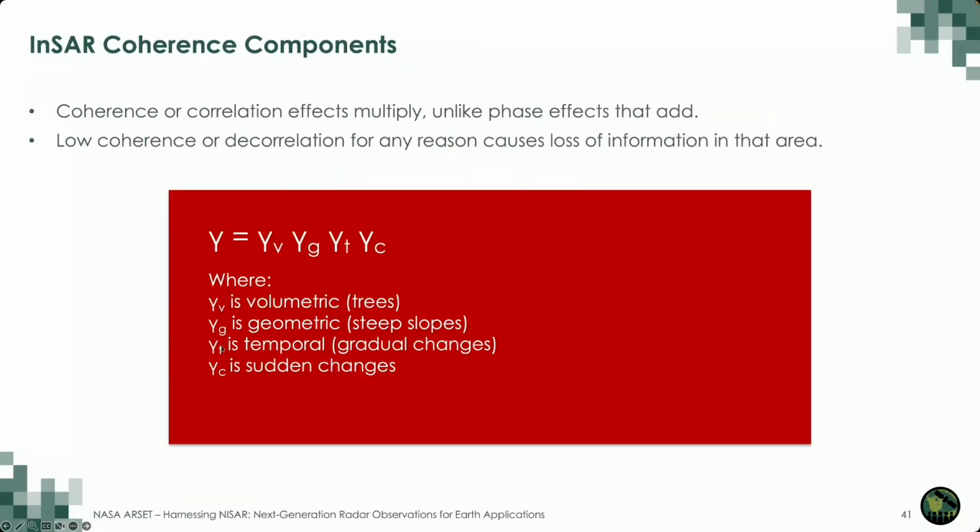There's a coherence change that's gradual, like plants growing, that's one of the typical ones. And then there's a correlation loss due to sudden changes, like landslide disruption or the disruption of an earthquake. So these are the key components of the coherence.